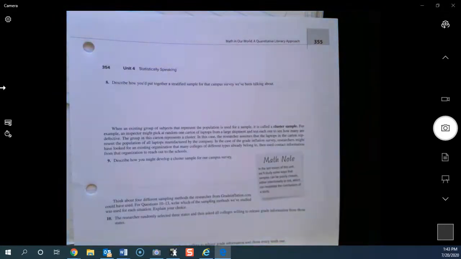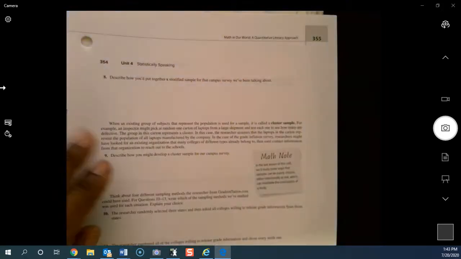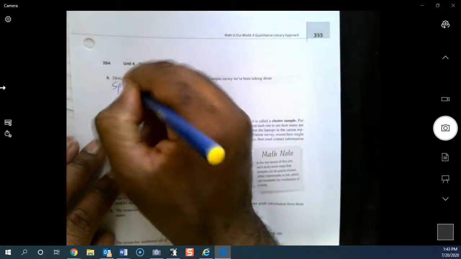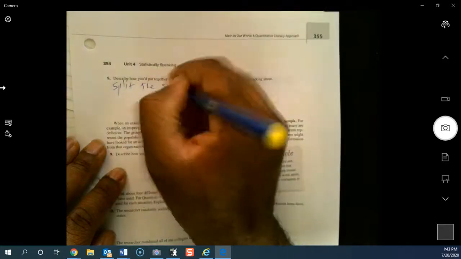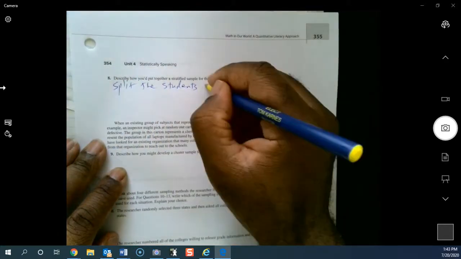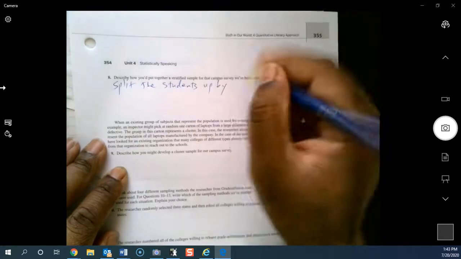Okay, now number 8, it says describe how you put together a stratified sample for that campus survey we've been talking about. So we could split the students up by class level.